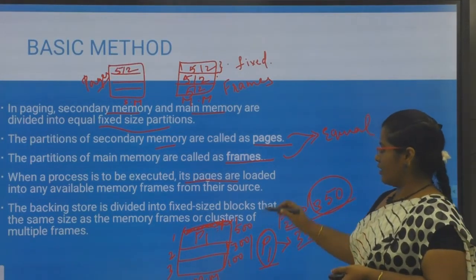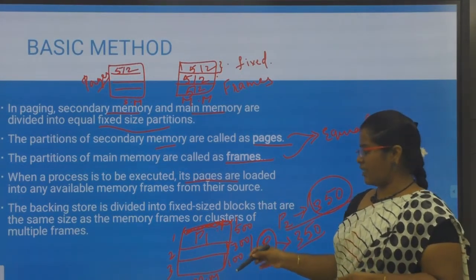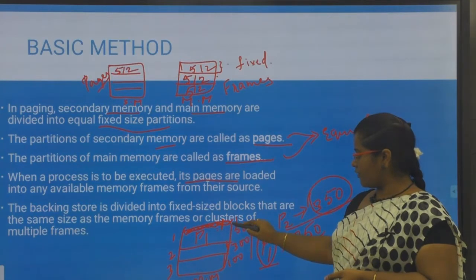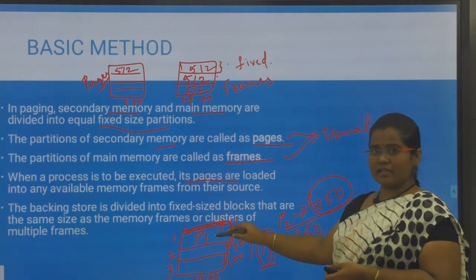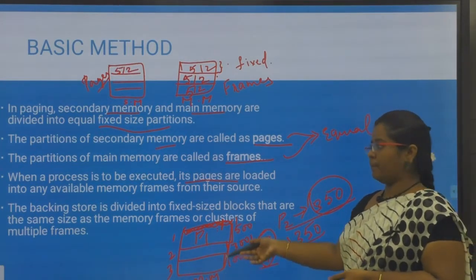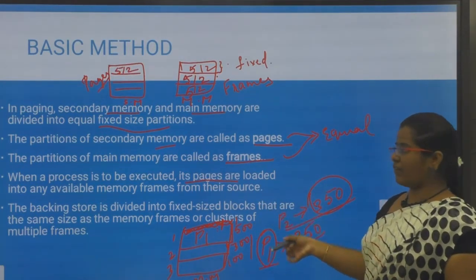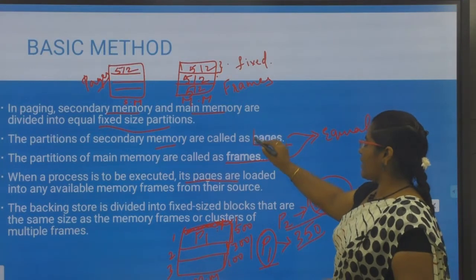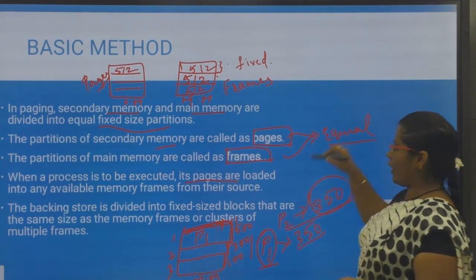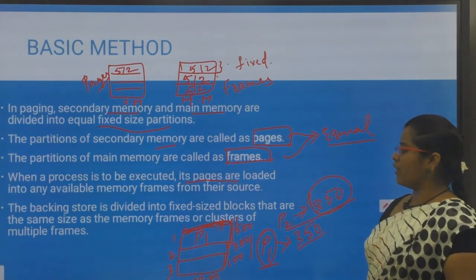We are getting external fragmentation because of size variations: your process is of one size and your partition is of another size. So in order to remove external fragmentation, we have made the size of your pages and the size of your frames equal.